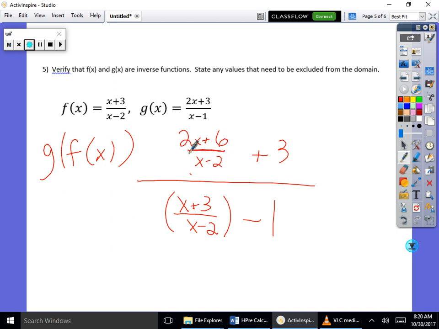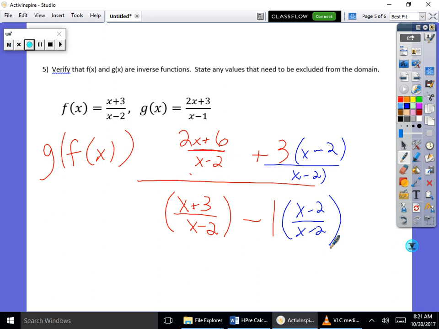Okay, now we're back to the same process with the previous one. What is my common denominator going to be? X minus 2 over an x minus 2, and same thing on the bottom. Yes, it just worked out nicely like that, yes? Okay, so I already know what's going to happen. Let's just not spend the time doing it.